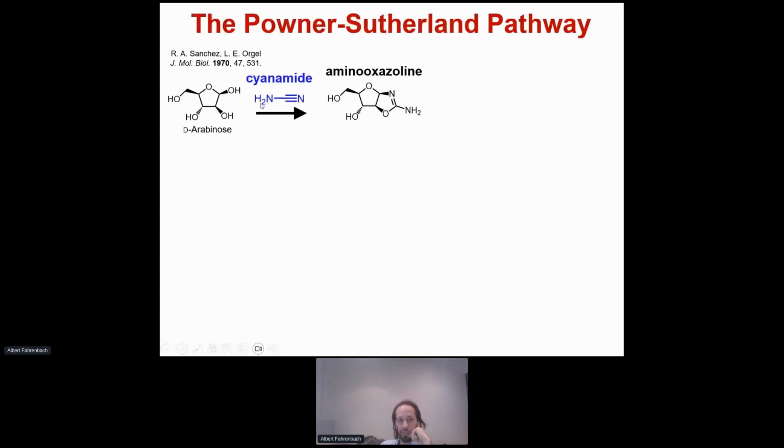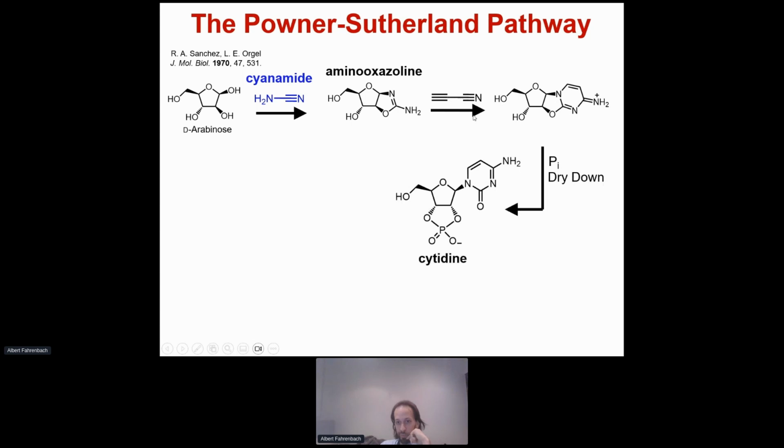And some of this work I'm about to show was actually talked about by Rafal previously, which is great. So he took this cyanamide to react with D-ribinose and made this aminoxazoline intermediate, and then cyclized with cyanoacetylene, followed by dry down to get this 2',3'-cyclic cytidine phosphate.